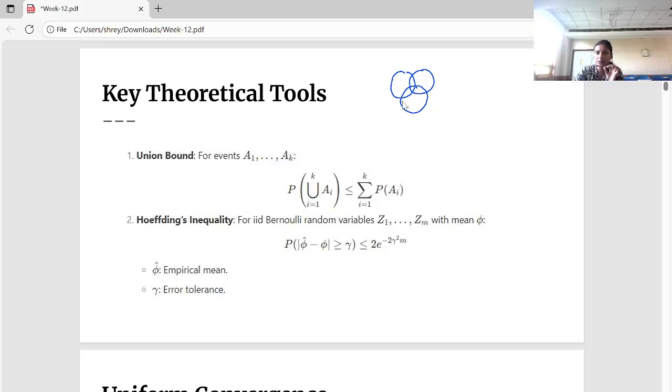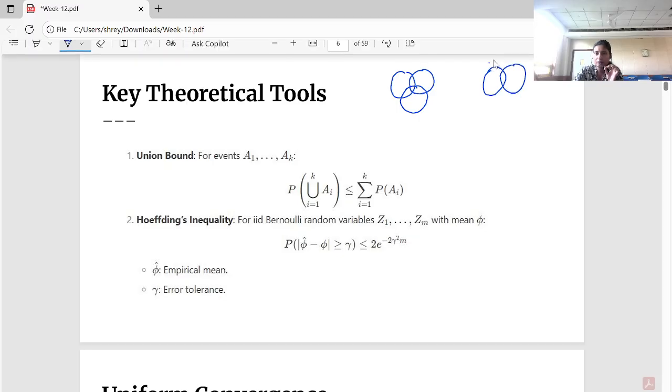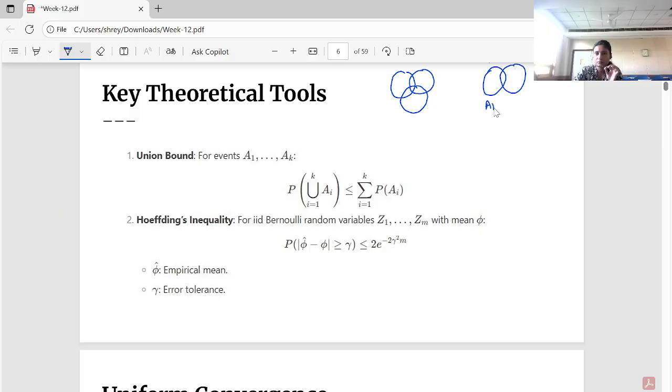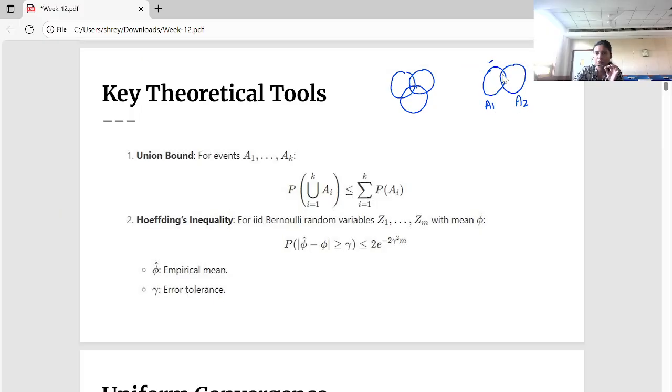Let's start with maybe two cases, it can be easier for you. This is A1 and this is A2, and this is their intersection. Using a formula, we know that A1 union A2 is A1 plus A2 minus A1 intersection A2.